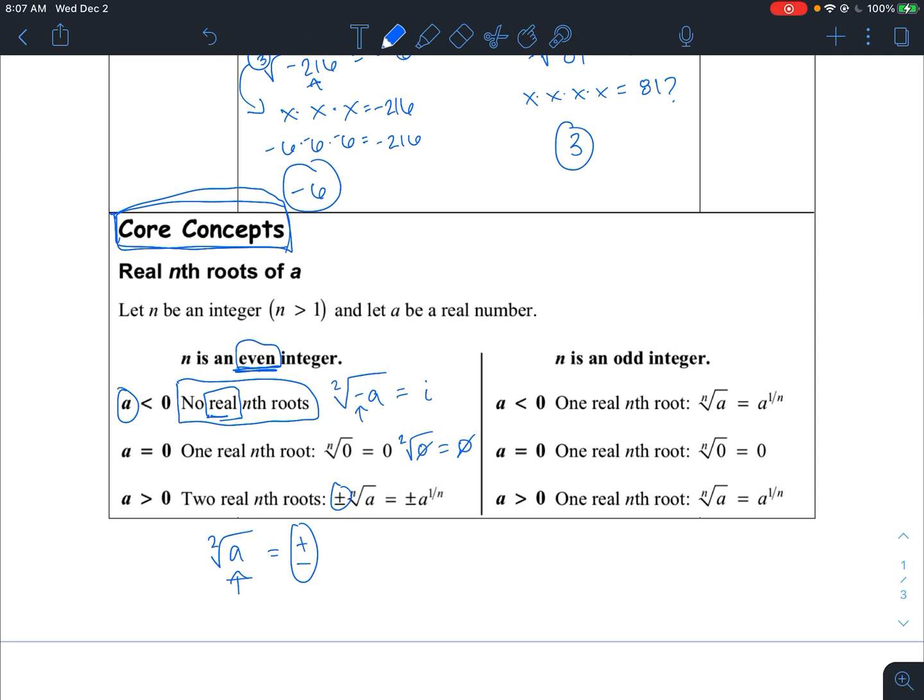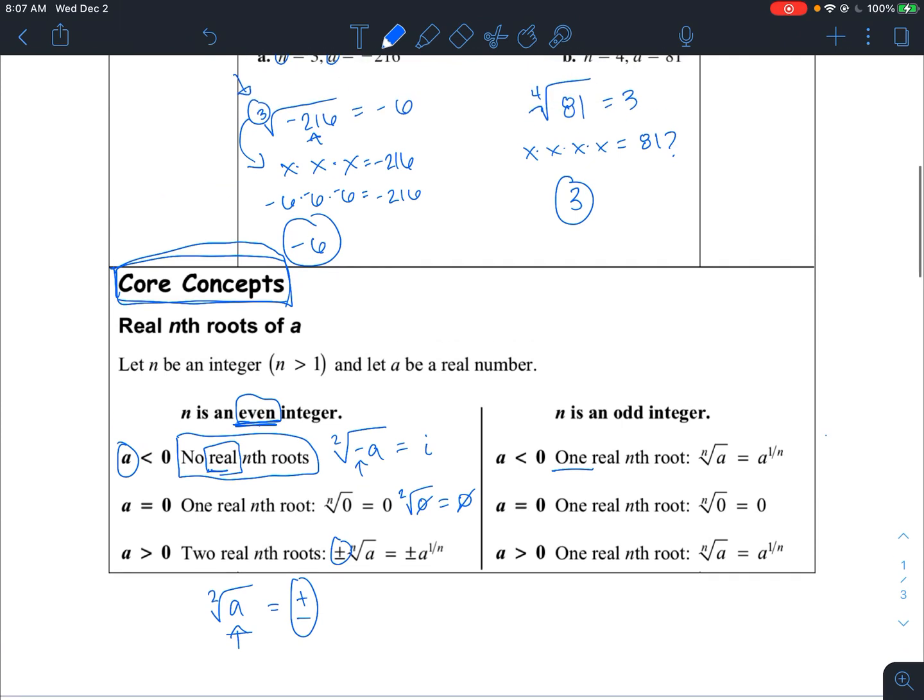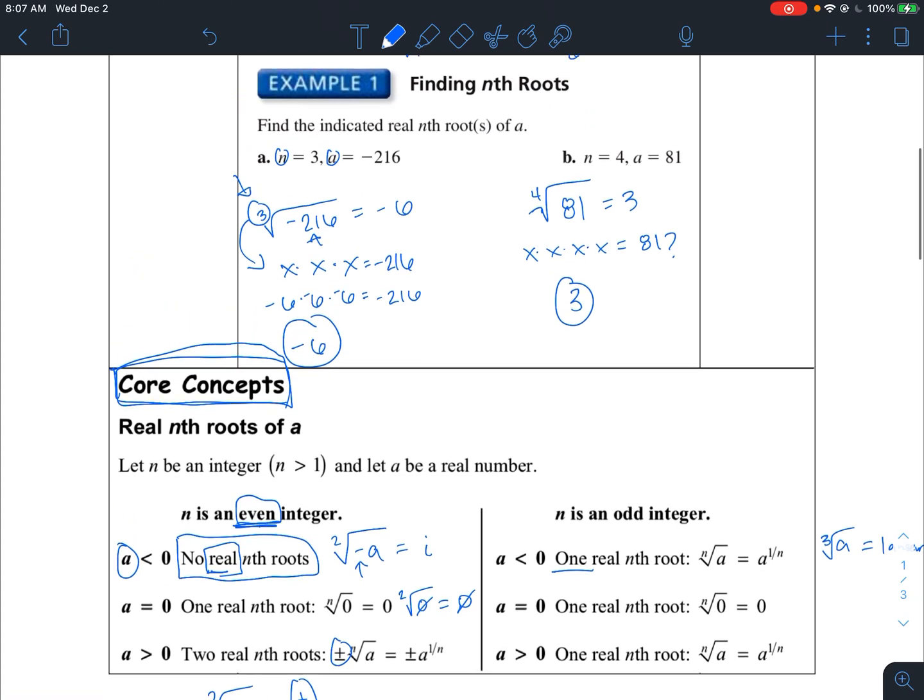We will get a real number, but you're only going to have one real number. So if you have the third root of a or the fifth root, you're only going to have one answer. And that's what we had up here. We only had one answer.